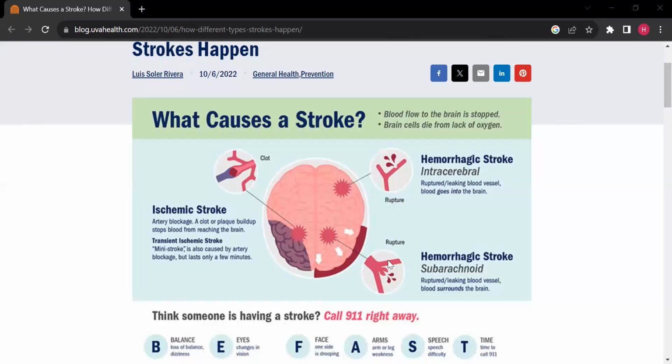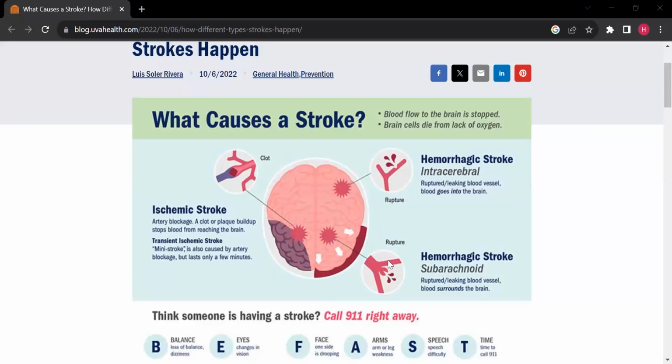So subarachnoid hemorrhage is usually caused by trauma to the brain or rupture of a cerebral aneurysm. An aneurysm is basically a bulged area on a blood vessel that now bursts. That's an aneurysm.